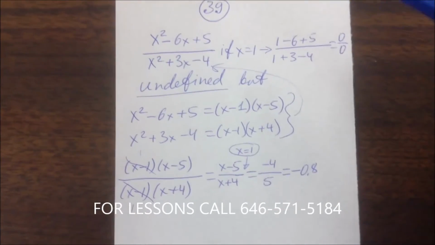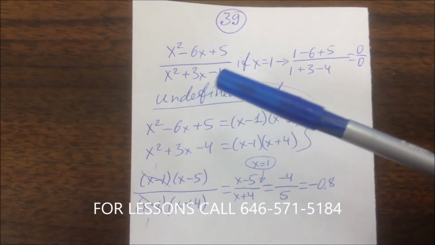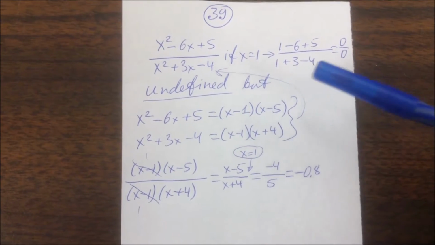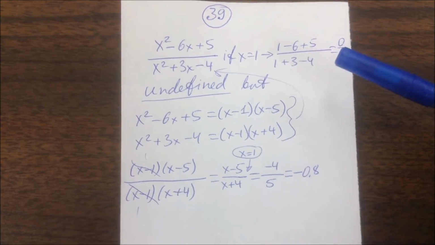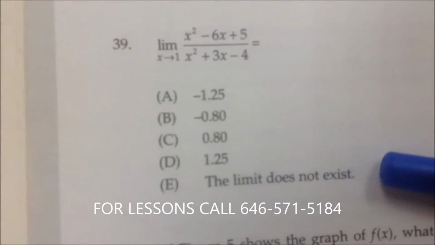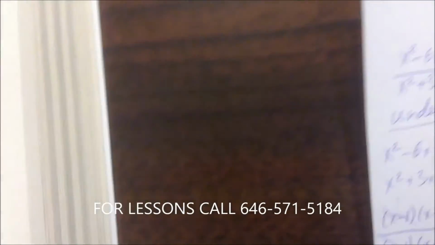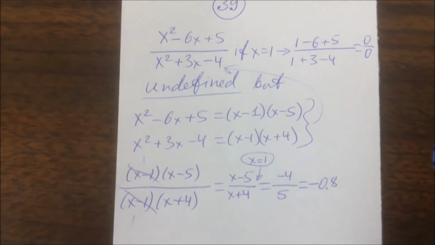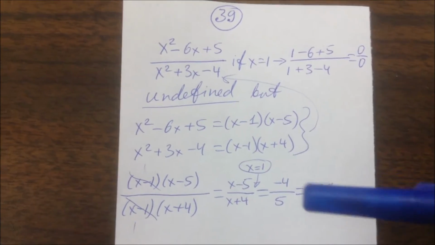As I already told, if you put x equal 1, you will see that this is 0 and 0, and you can think that the answer is that the limit doesn't exist. But it's wrong, because to find the answer you need to make this equation simpler.